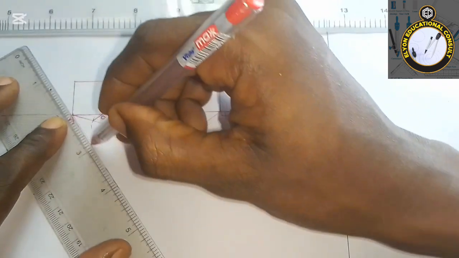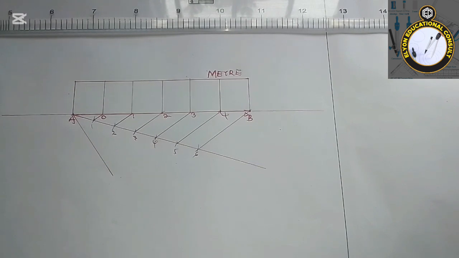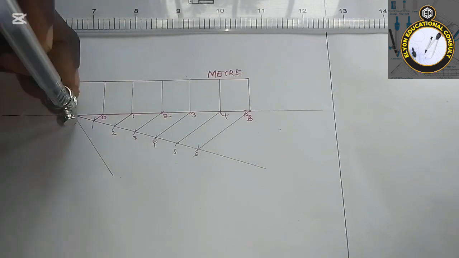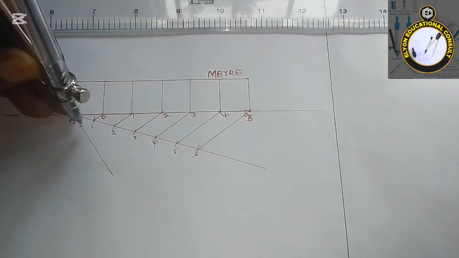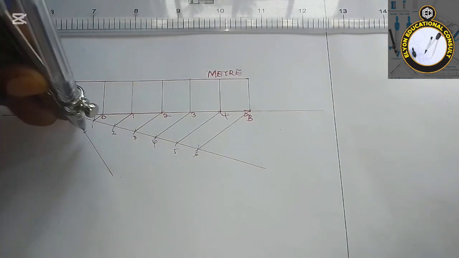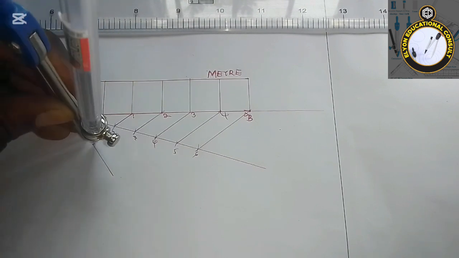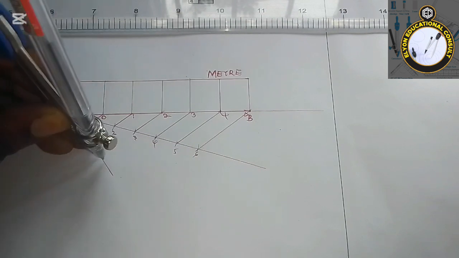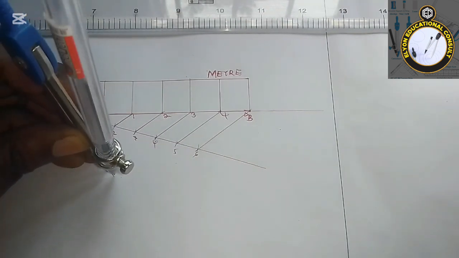Draw this, then I will step off 10 times: 1, 2, 3, 4, 5, 6, 7, 8, 9, 10.